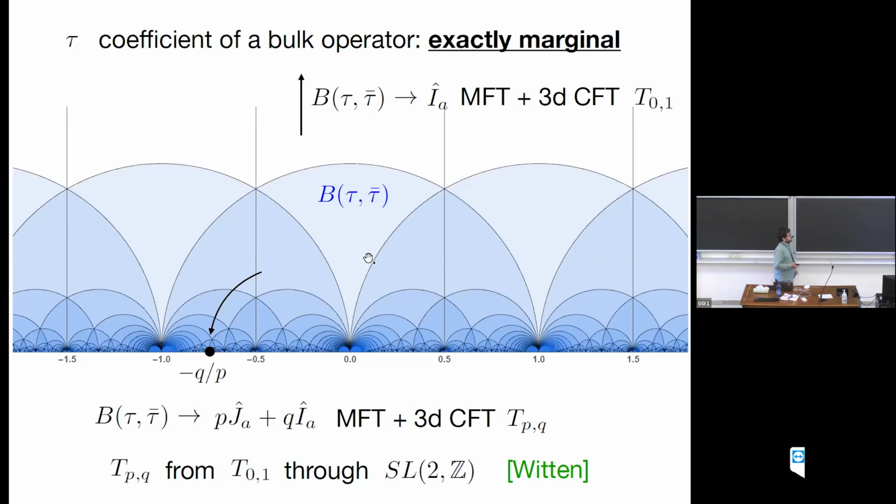we go to one of the cusps on the real axis, which are all the rational points. Then what we discuss in our paper, and it's maybe intuitive due to electromagnetic duality in the bulk, is that one is going to find at all these rational points a new decoupling limit.